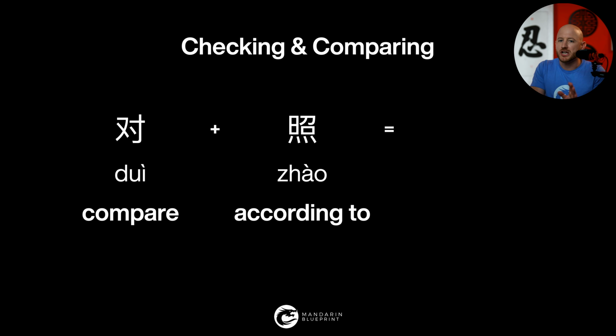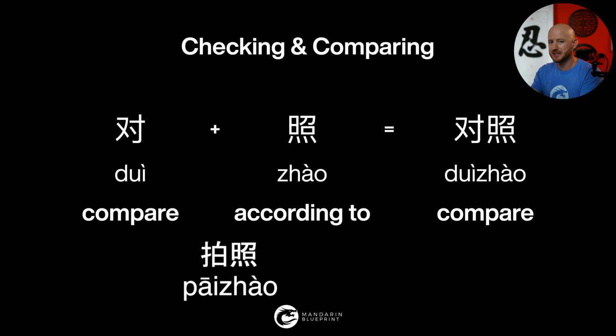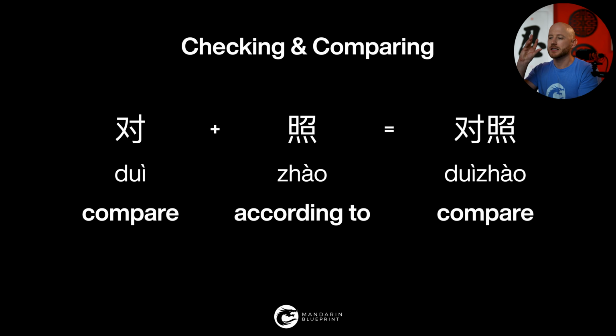Now, 对照, compare according to, 对照, right? This is for side-by-side comparisons of some kind. 对照. And 照, yeah, it means according to. It's also the character that means to illuminate. For example, you 拍照. That means to take a picture. So 照 can mean illuminates, compare to illuminate.